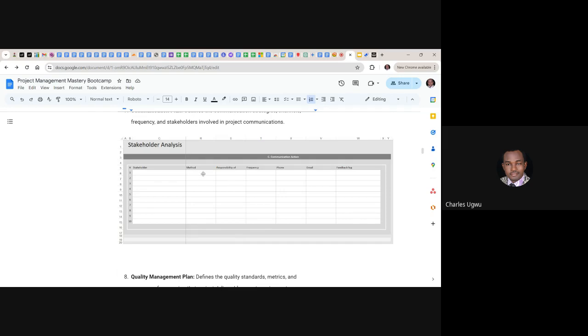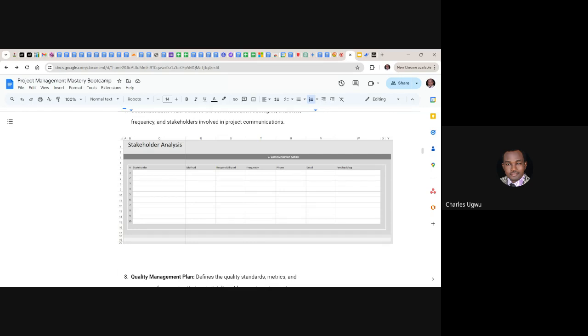So you capture the email here. Then responsibility: because we have different team members in the project, who is responsible for submitting this kind of documentation? For instance, weekly status reports.